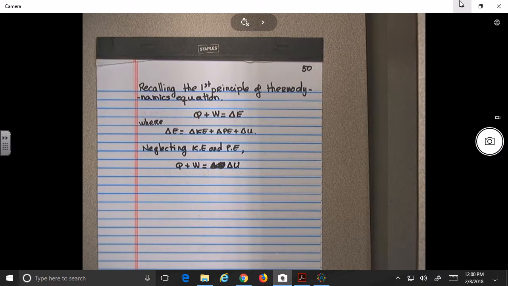Why neglect kinetic energy? Basically, if you think about just the piston cylinder assembly, that's a very good question. For example, let's keep taking water as the example.